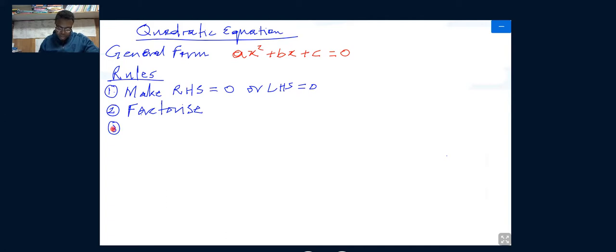Number 3, after factorizing, solve for x.